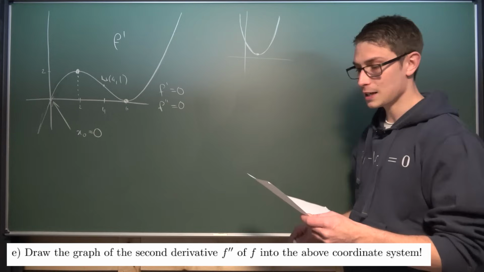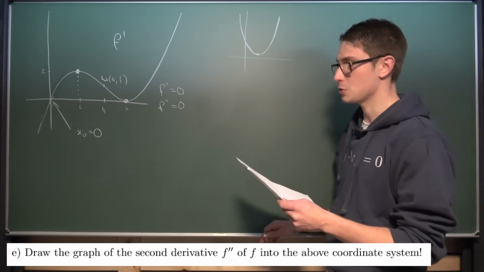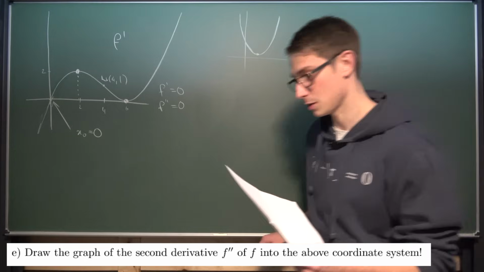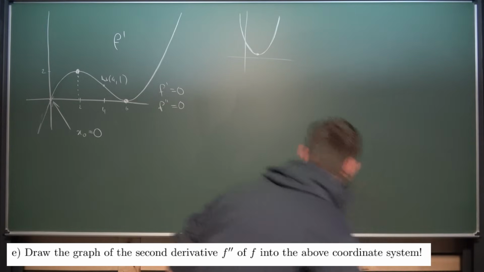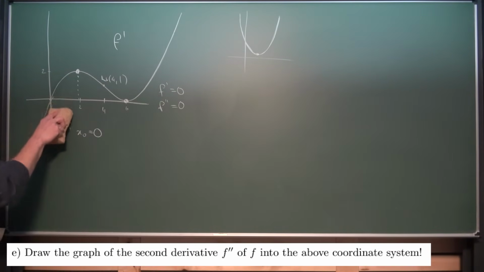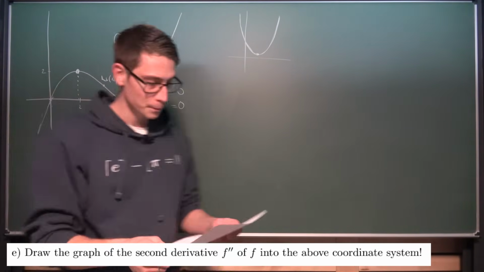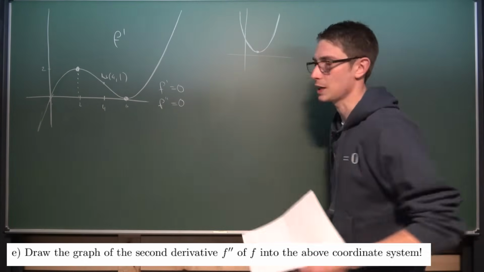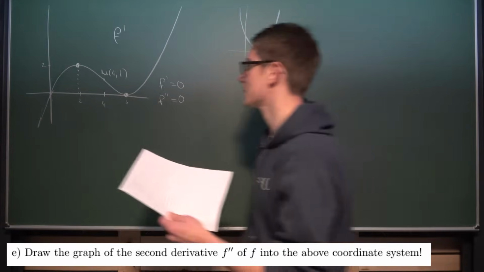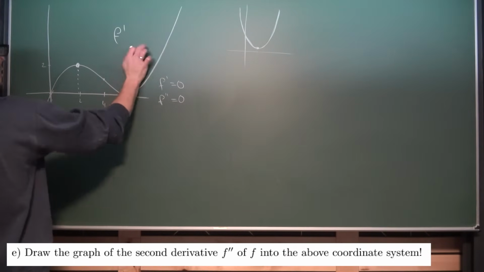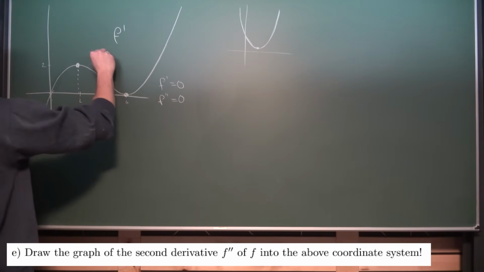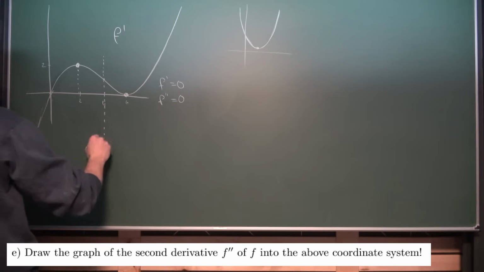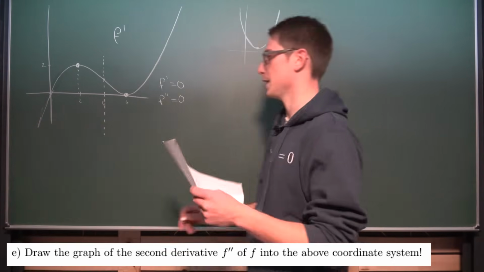Draw the graph of the second derivative f'' of f into the above coordinate system. Okay, let us do this. Let me get my SpongeBob here. And now, f'' is the derivative of this thing. And now we are going to go by the same means as before. It's not much that we need to consider. At first, we have this inflection point on this function here at (4, 1).